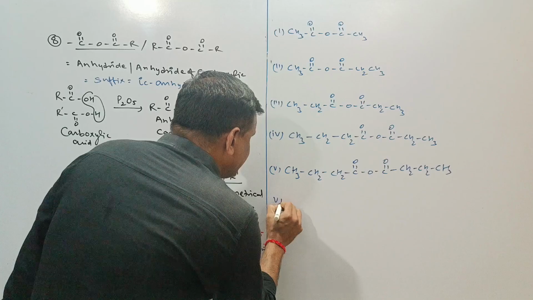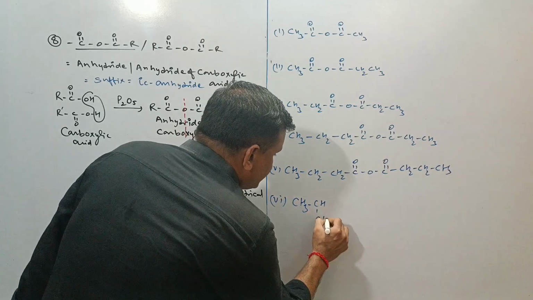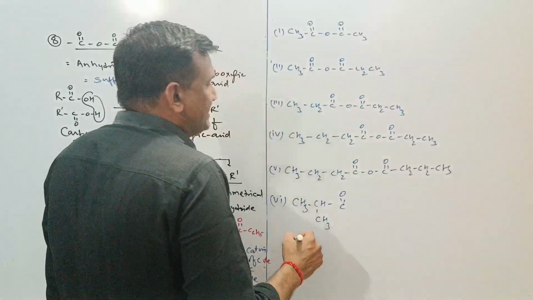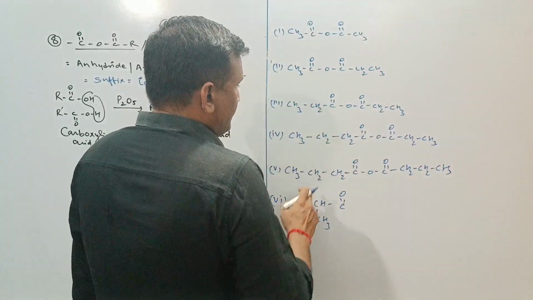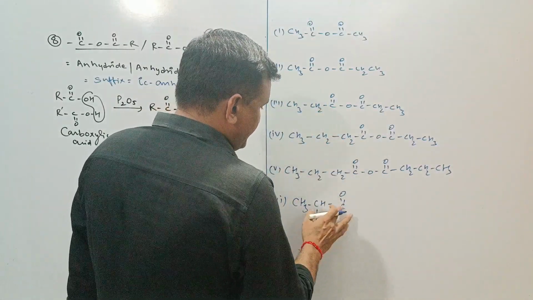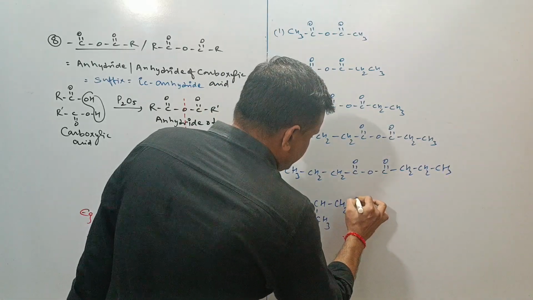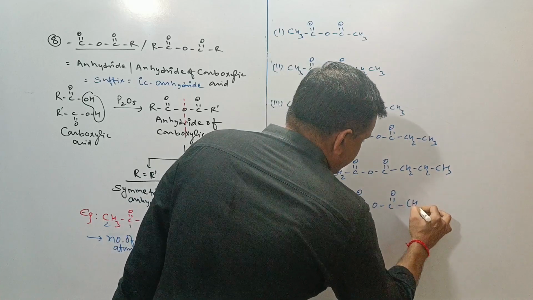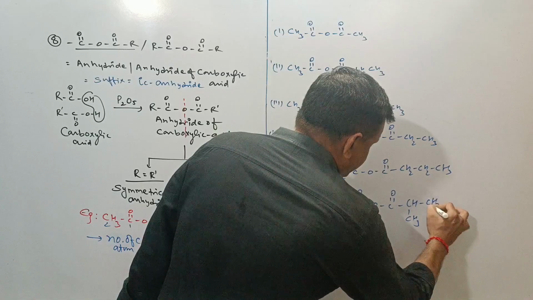If I go with the sixth example, then we can take (CH3)2CH, this is the CO, you can say here is your 4 carbon atoms, CH2COOCO, this is CH2CH3 and CH3.